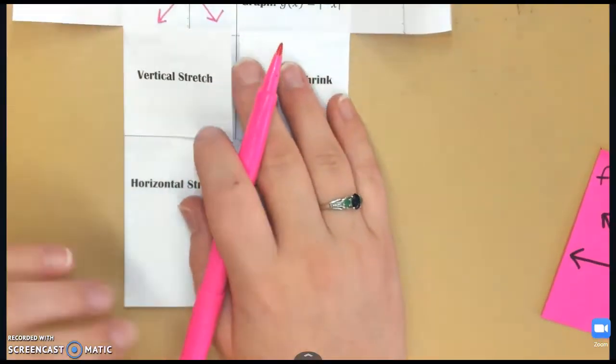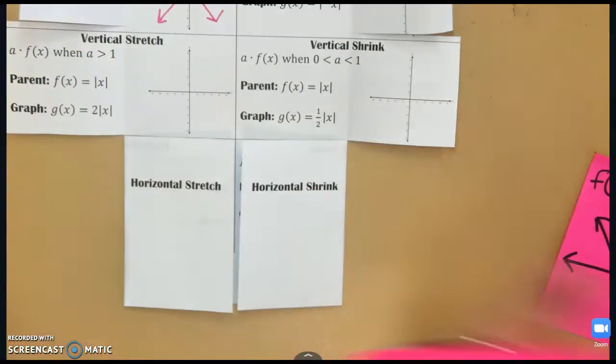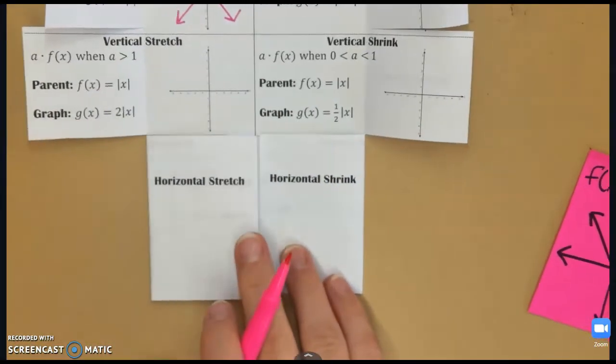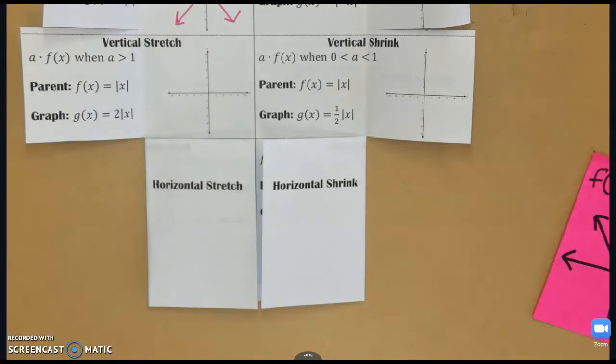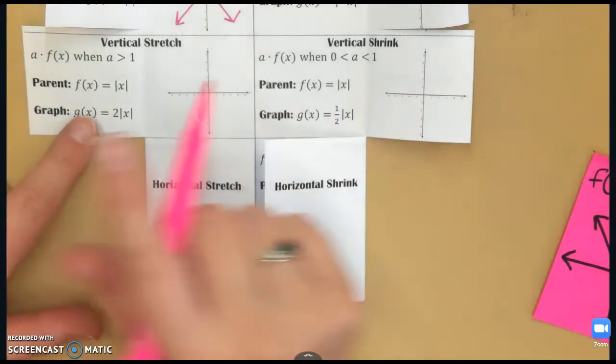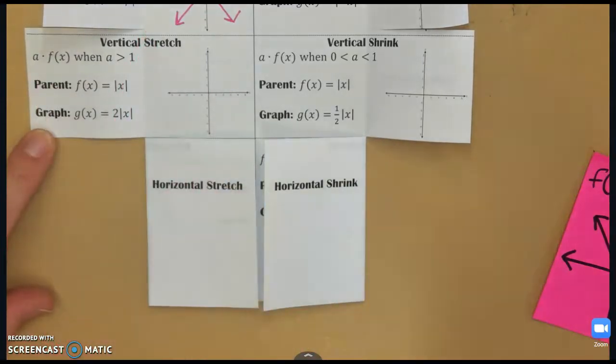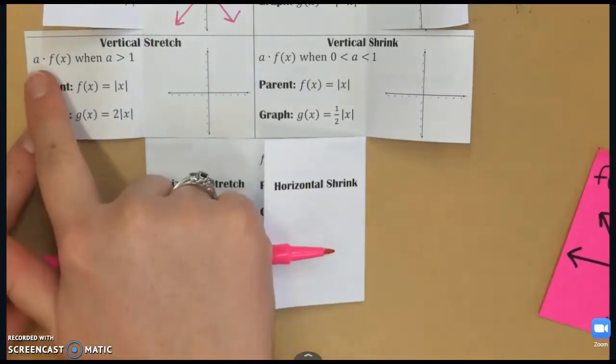Okay. Now, vertical stretches and shrinks. Remember, the negative tells us if we are reflecting across an axis. So for stretches and shrinks, the announcement started interrupting me. So remember, the negative tells us if we have a reflection on an axis. So when we are looking at stretches, we're not paying attention to if the number in front is positive or negative. We're just looking at the number itself.